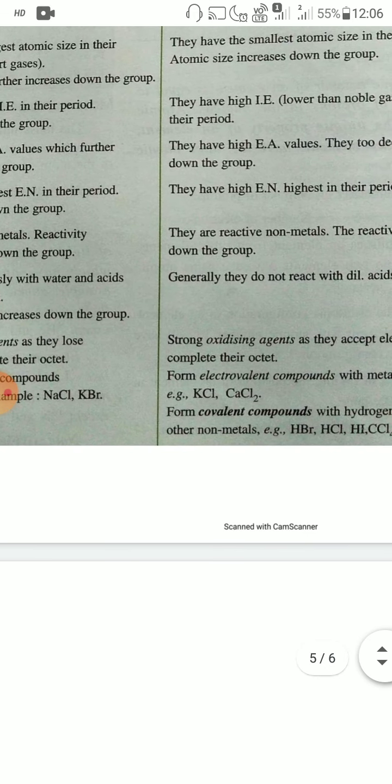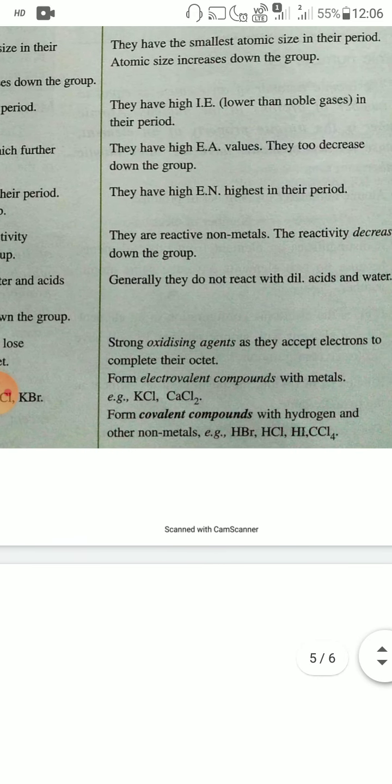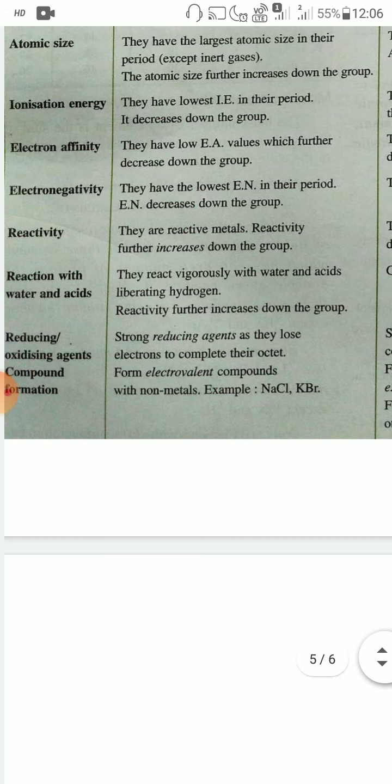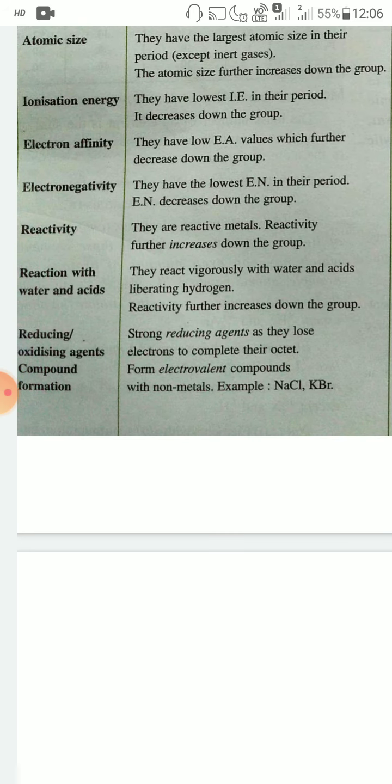Halogens have the smallest atomic size in their period, and atomic size increases down the group.